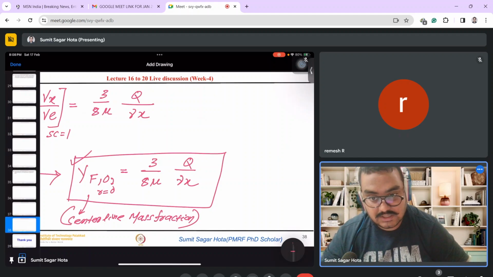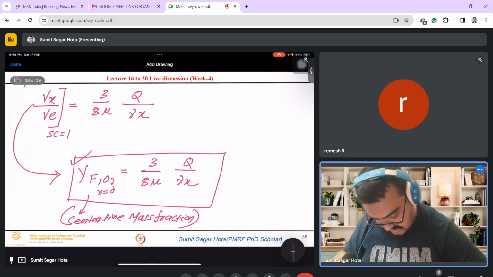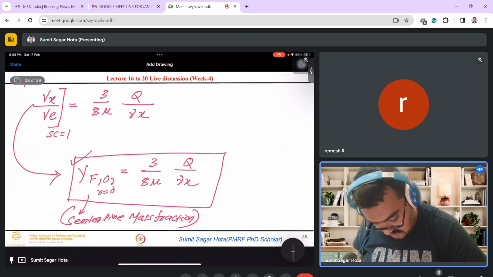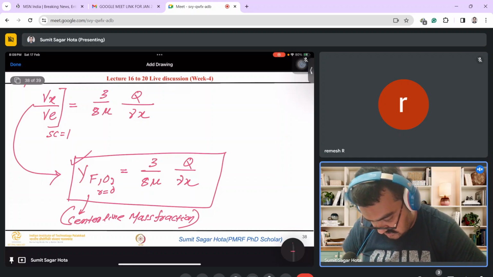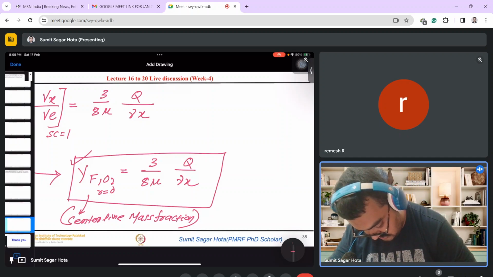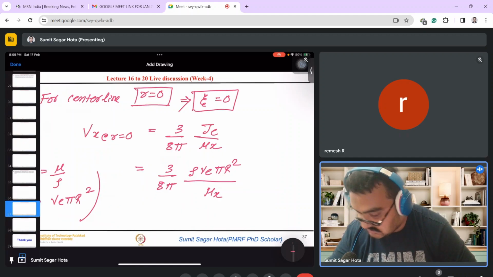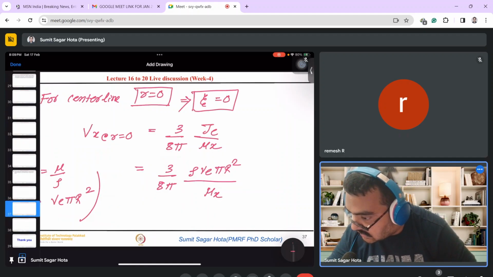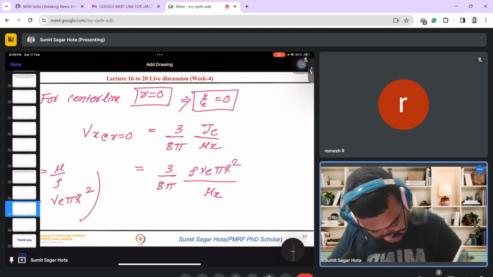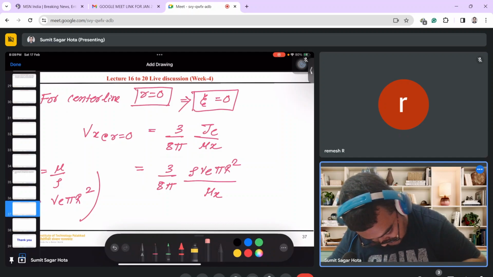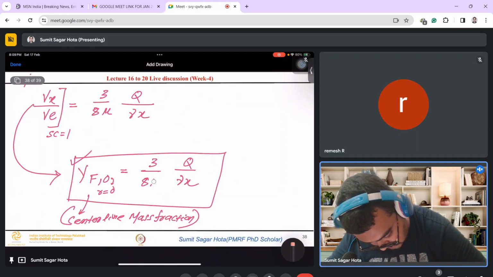So that's why this formula is important. They will give you the value of discharge, dynamic viscosity, kinematic viscosity, and x. All these things they will give you. Some confusion is there, so let me check whether I wrote it correctly or not. I actually wrote it incorrectly. This is actually not mu.